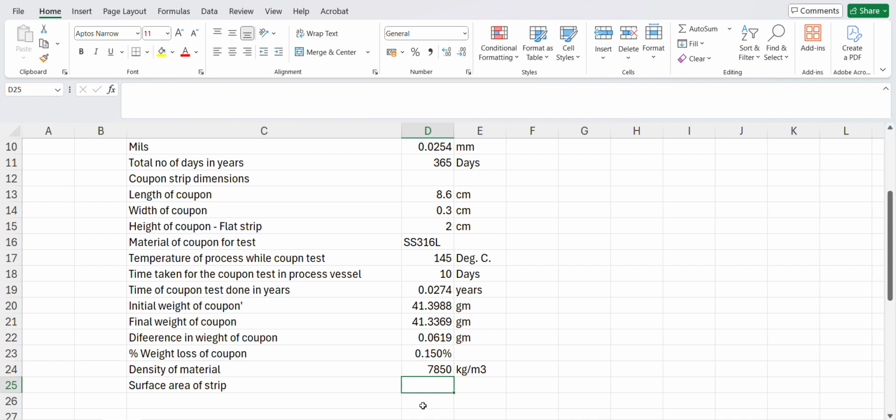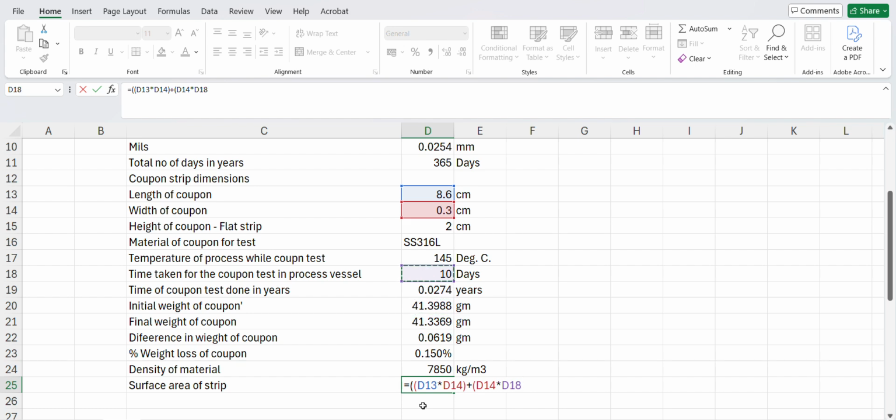These are the details required to calculate the corrosion rate. 8.6 into 3 plus 0.3 into 2 plus 8.6 into 2, total into 2.